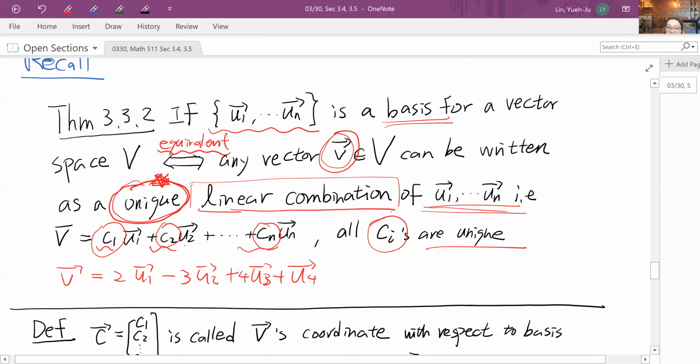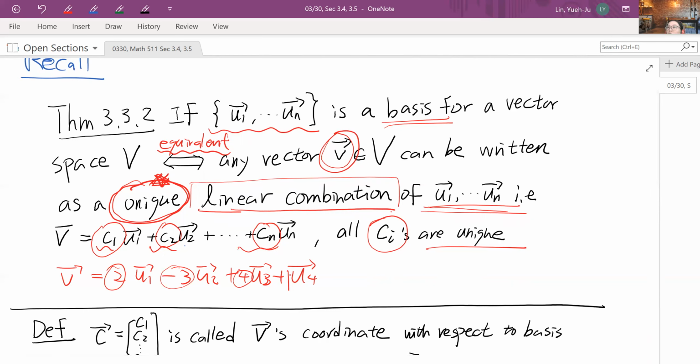So it tells me that 2, -3, 4, and 1 is my only choice to rewrite v as a linear combination if those 4 vectors are a basis.